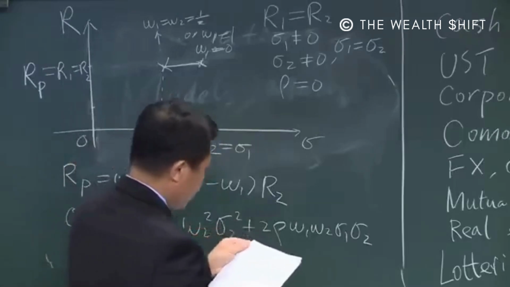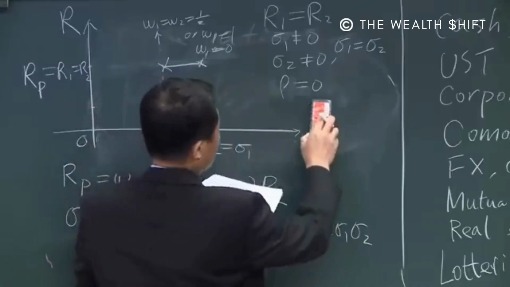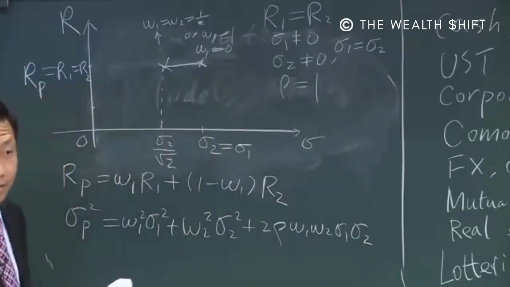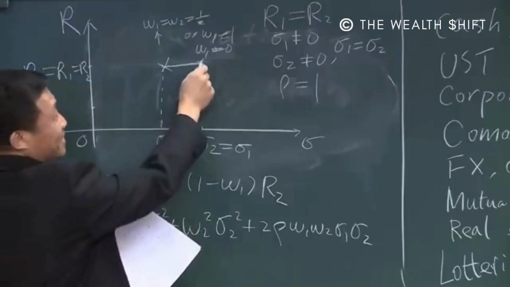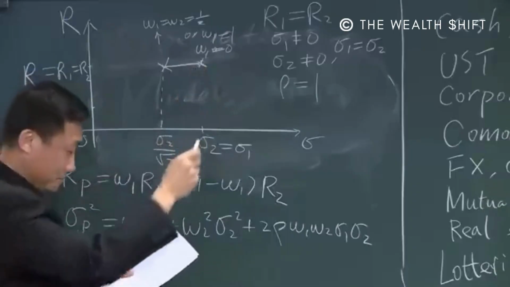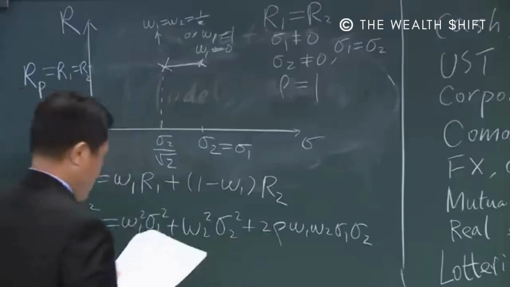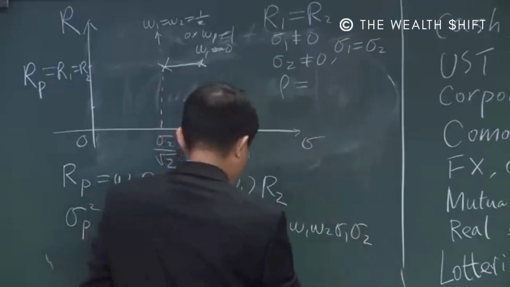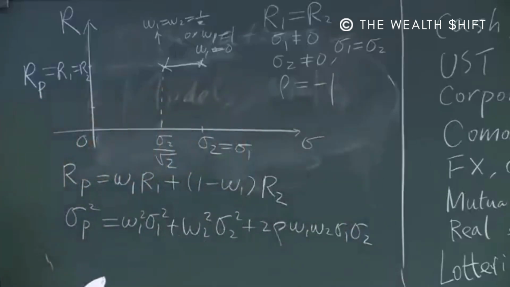So let's think about, in the same example, what if rho equals 1, perfectly correlated? Then you can't, right? So you end up just at this one point. You all agree? Okay. What if it's perfectly negatively correlated?